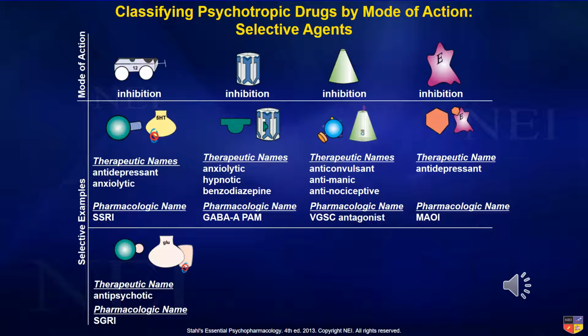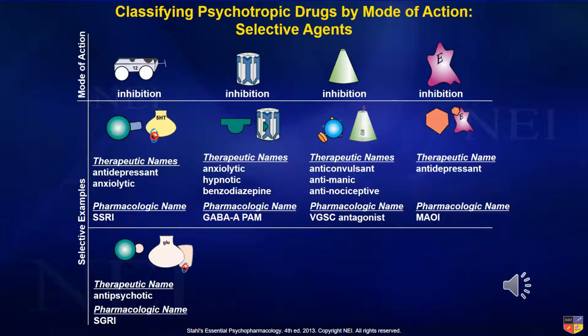For inhibition in the 4 transmembrane region, those would be medications that work for anxiety and for sleep, and their pharmacological name is GABA-A PAM, which stands for positive allosteric modulator. We will be covering that in topic 7 of our course coming up.